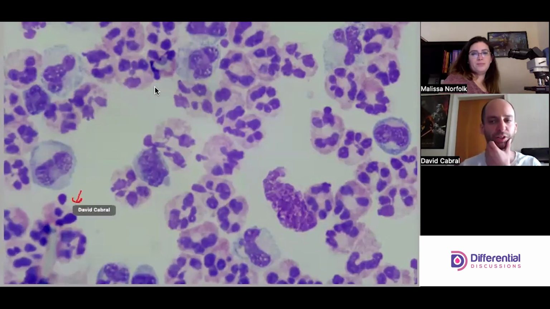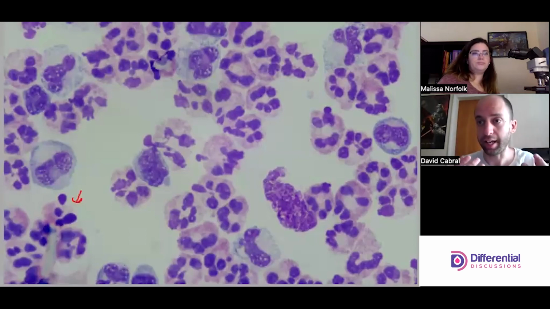What we'll notice about certain nuclei is that there's no chromatin pattern at all. It almost looks like the DNA has liquefied, for lack of a better term, and you get this very dark, very even, smooth texture to the nuclei.